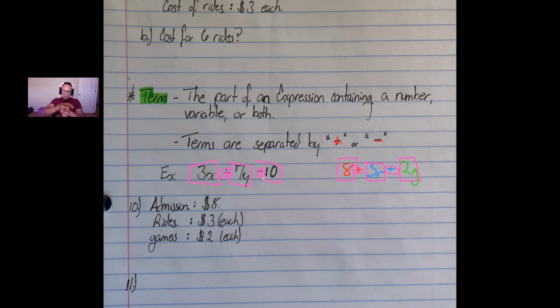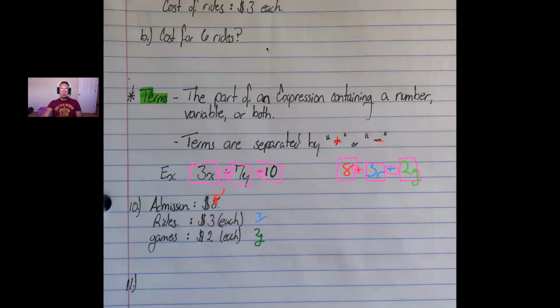And again, each of these terms in an expression represents a different aspect of the scenario, a different aspect of the story. So again, in number 10, the admissions, which was 8, is one term. The rides, which was 3r, is another term. And the games, which was 2 times each of the games, is another term.